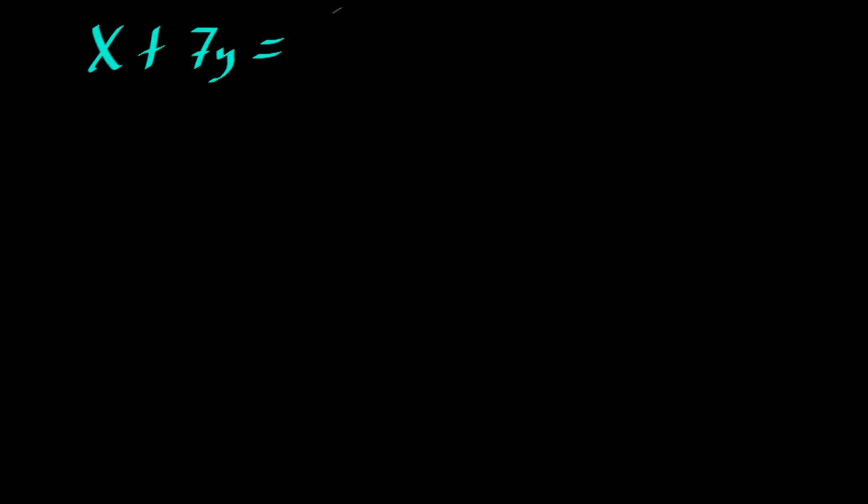So x plus 7y equals 17, and then x minus y equals negative 7. All right, so now what you want to look for first is, do I have the same coefficient anywhere?